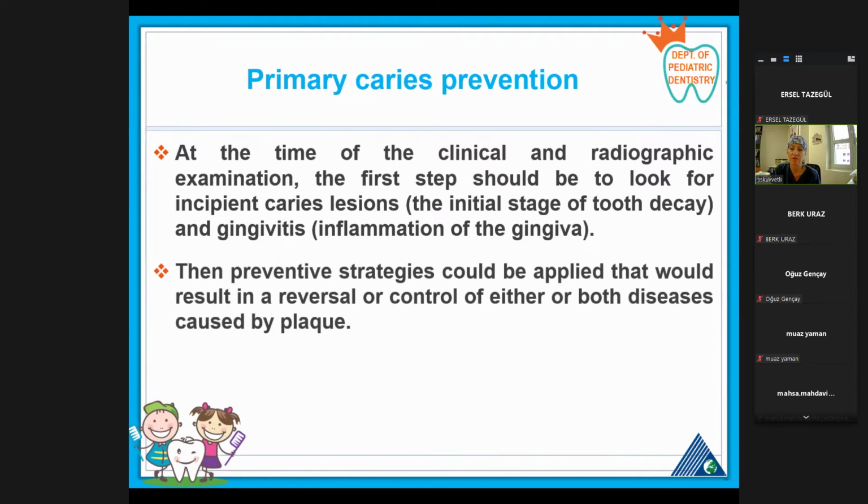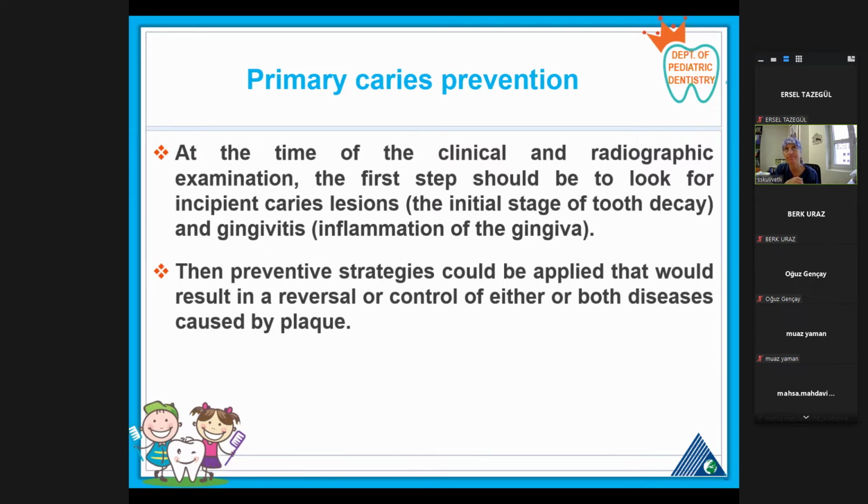Then preventive strategies could be applied that would result in a reversal or control of either or both diseases caused by plaque. The main etiological factor in both of these diseases is the dental biofilm or microbial dental plaque, but sometimes the types of the microorganisms determine the type of disease which will happen in the mouth.